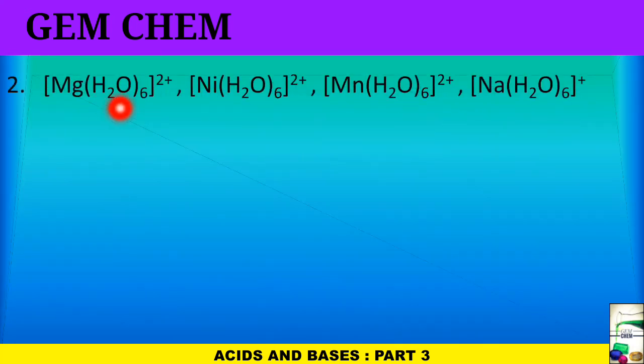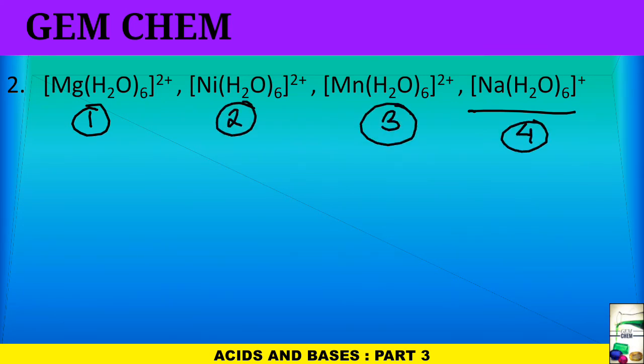Here also, if you can see, there is no involvement of d orbitals in sodium, whereas nickel and manganese have d orbitals. So first we need to understand, if we start from lower charge density, then 1, 2, 3, 4. Sodium has a +1 charge, the others have +2 charge.